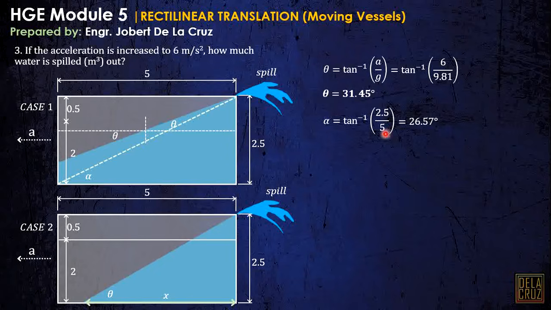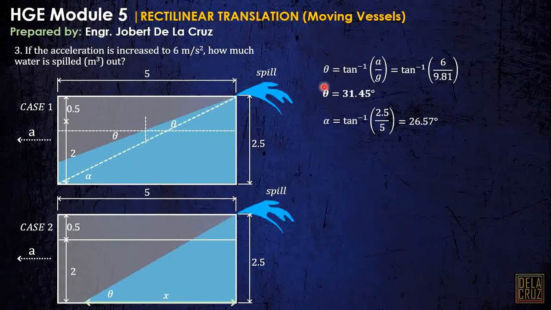Then, by comparing alpha and theta, as you can see, alpha is lesser than our theta. So what does this mean? Lesser than means it does not go beyond. In case 1, our theta should be smaller than alpha.